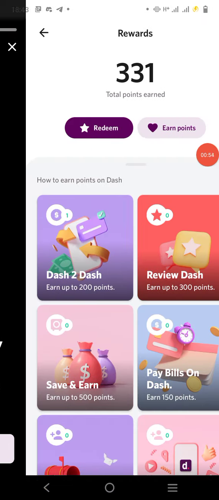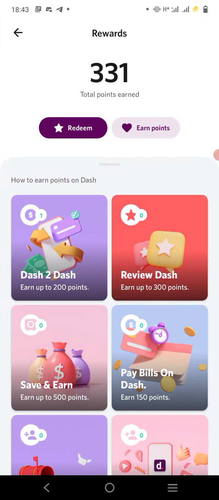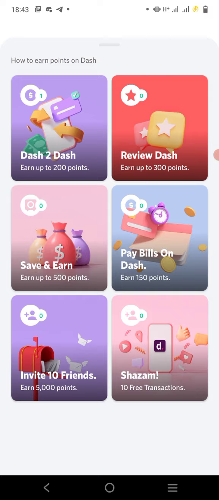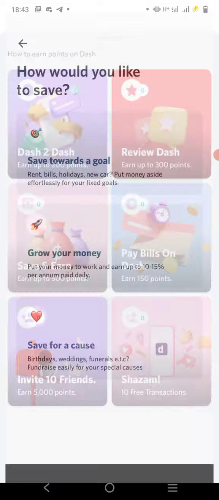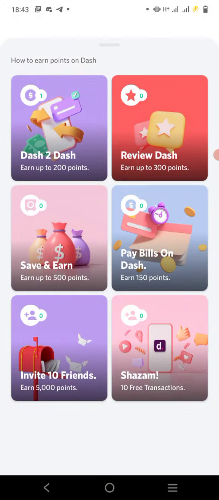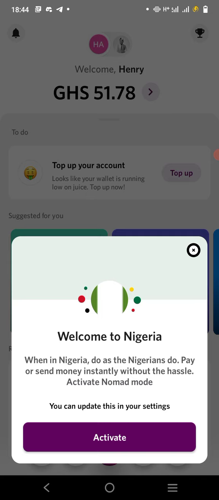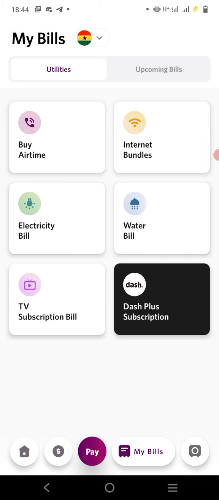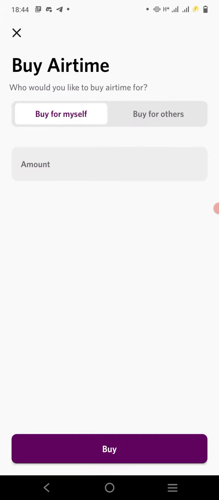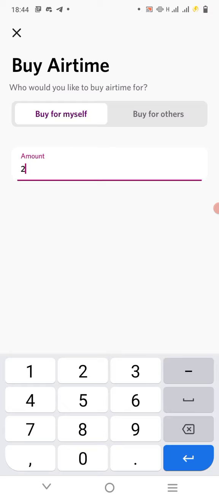So with this, click on earn rewards. With the points you have available, you can get airtime. You can also pay bills. So you can pay bills with the points, and then TV subscription, electricity bills, or whatever, you can buy them with whatever amount it is.